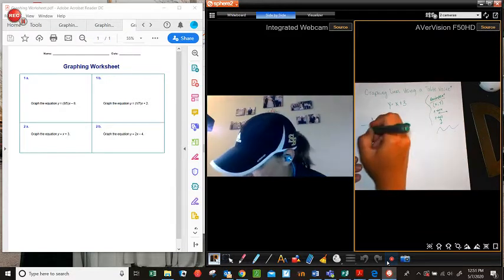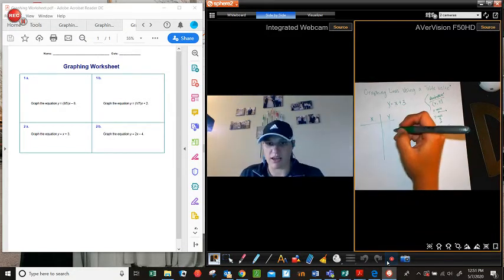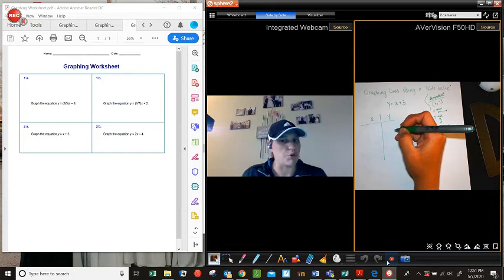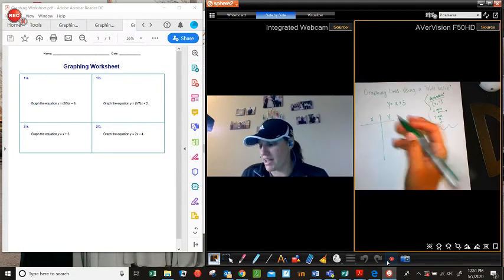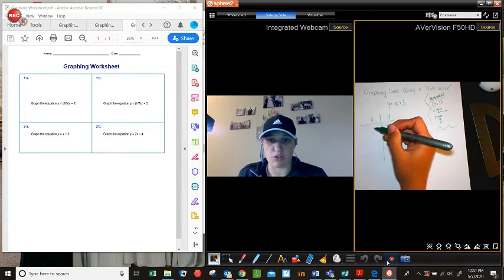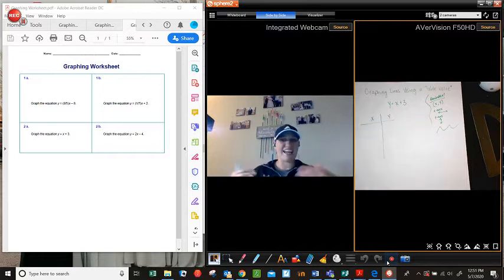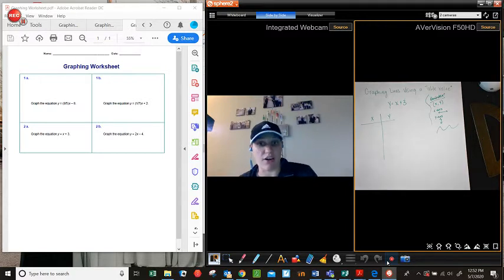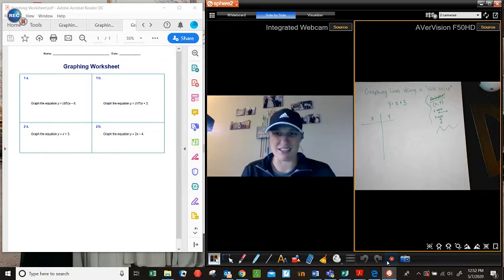Alright, so my second line, I'm just going to identify what my x and y is before I put any numbers with it. So my x value, we are going to actually choose our x values. So we can choose any numbers in the world that we want, but sometimes there are easier numbers to pick than others, and we're going to talk about that. But for most problems, we want to look at the center of the graph because that's where most of our coordinate planes are going to start.